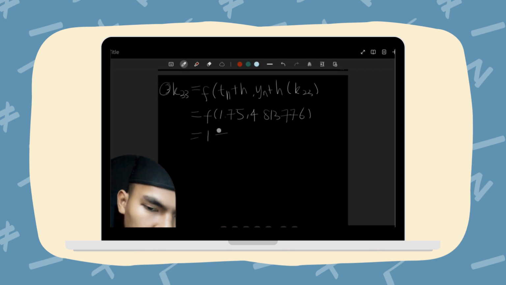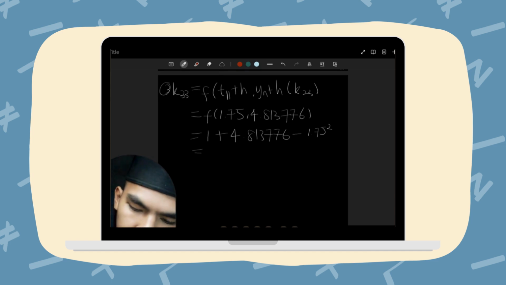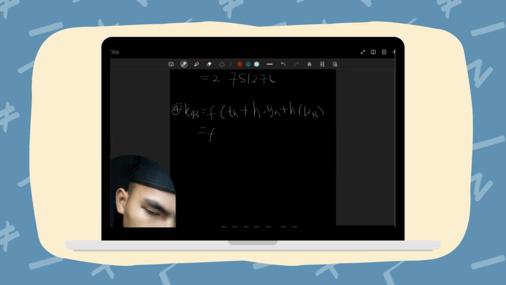Now 1 plus 4.81376 minus 1.75 squared. Now the total here is 2.751276.